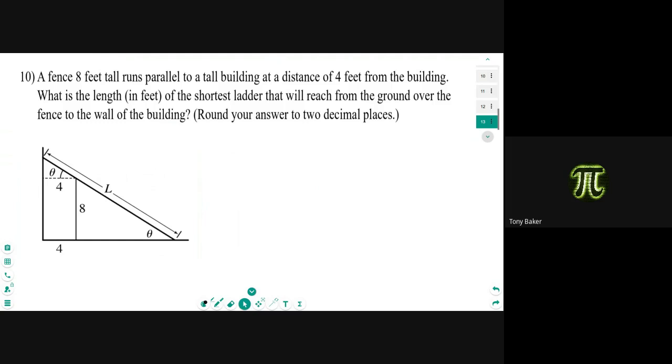A fence, 8 feet tall, runs parallel to a tall building at a distance of 4 feet from the building. What's the length in feet of the shortest ladder that will reach from the ground over the fence to the wall of the building?